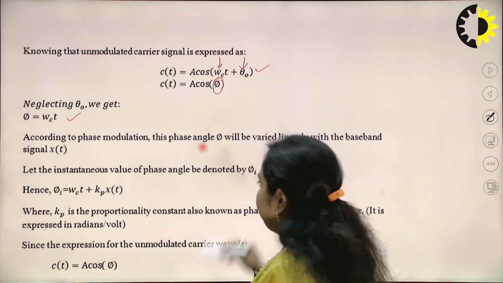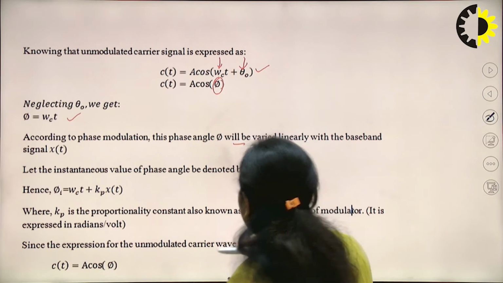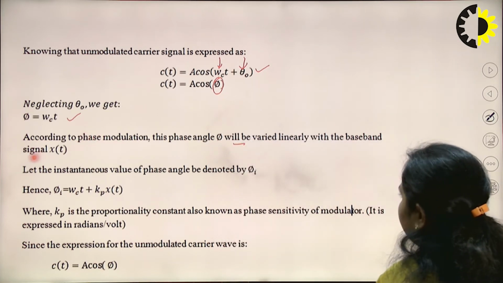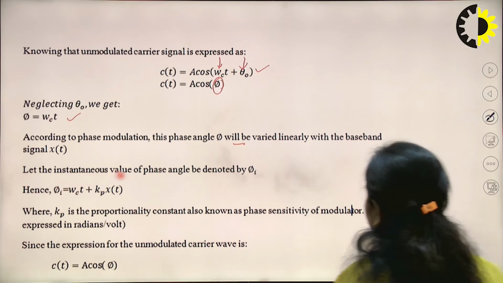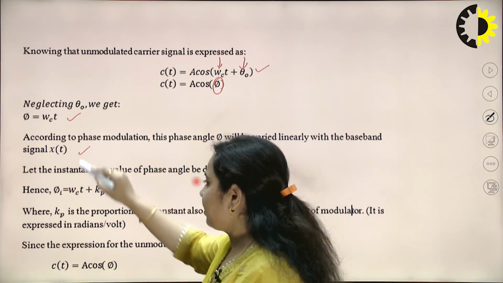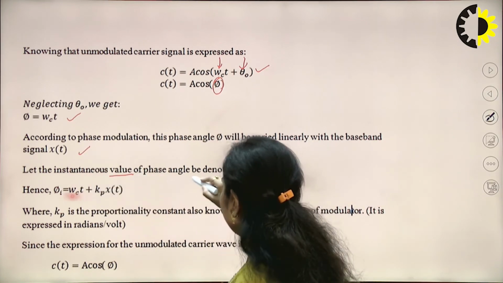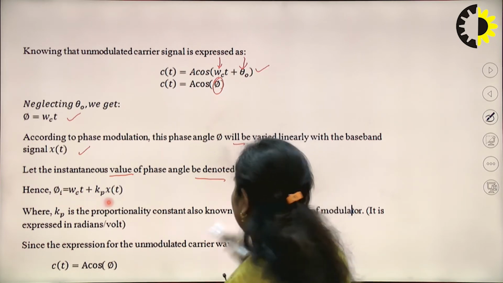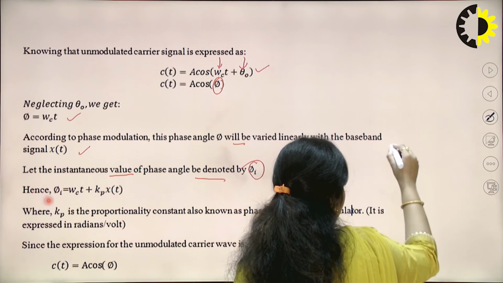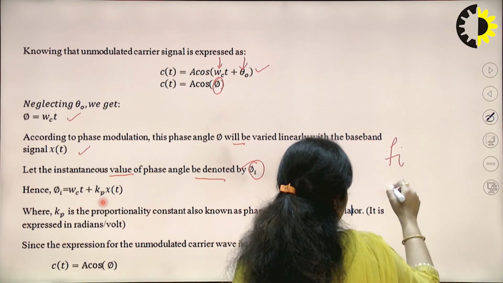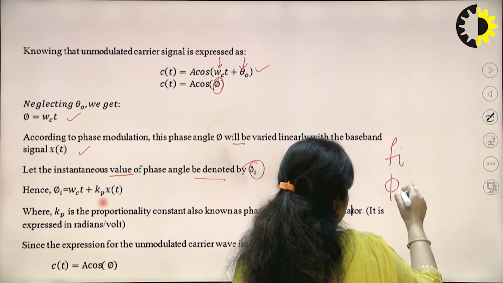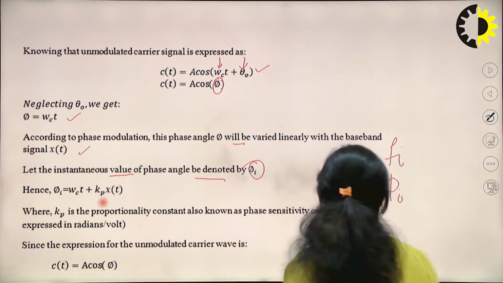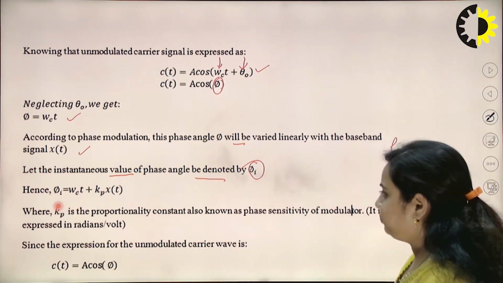So according to phase modulation, this phase angle phi will be varied linearly with the baseband signal, that is x(t). Let the instantaneous value of the phase angle be denoted by phi_i. In case of phase modulation, we have to consider phi_i, the instantaneous phase angle.